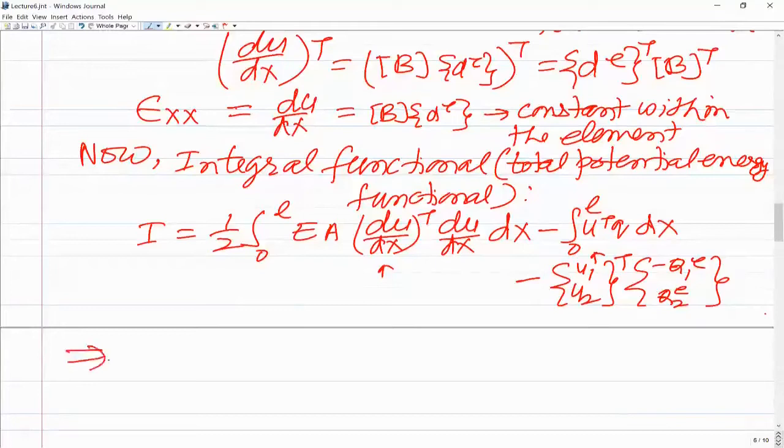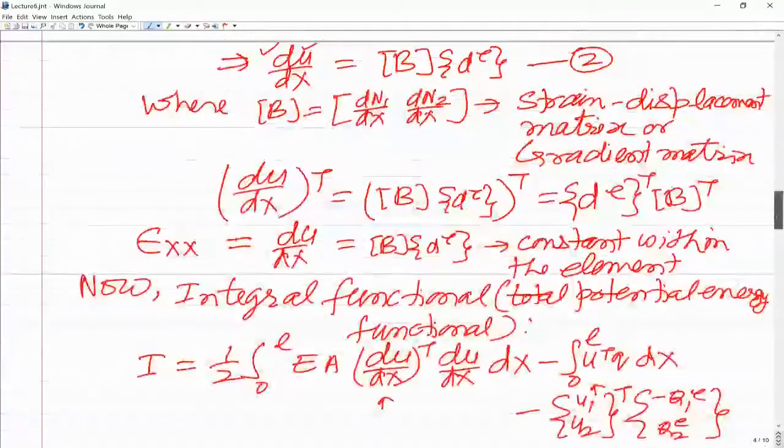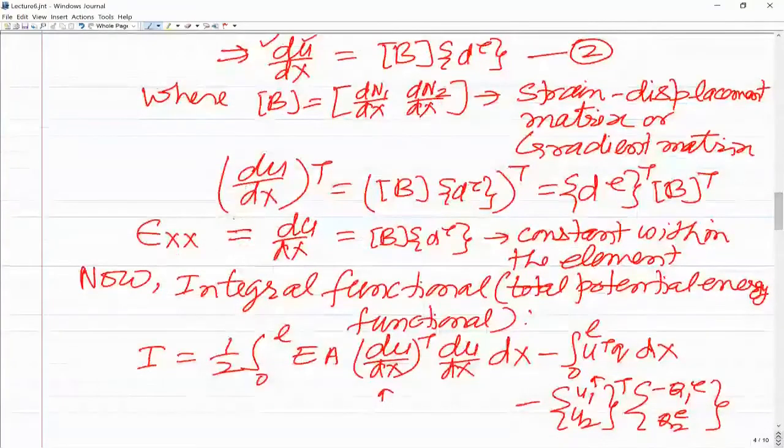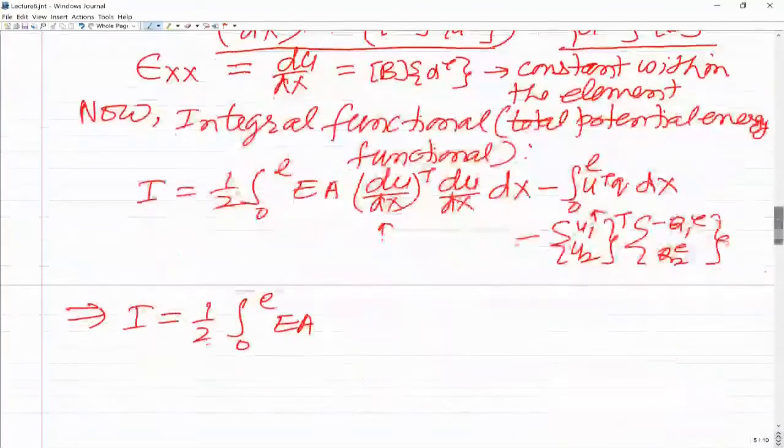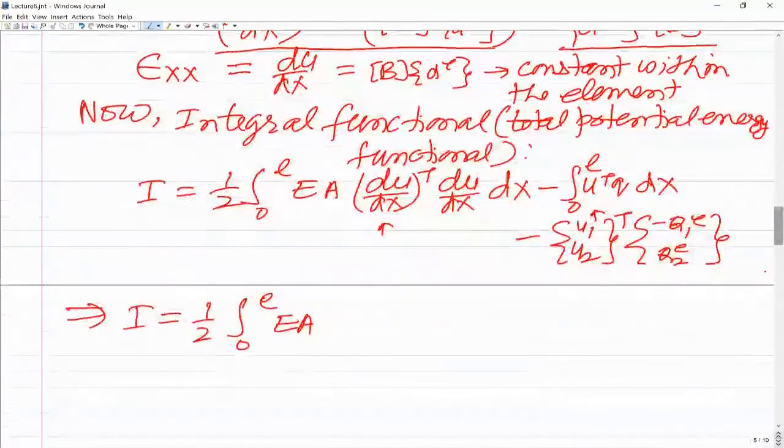Now we substitute the approximation for du by dx and u in this integral functional. So we will have half integration 0 to L, and then you have EA, and now you see du by dx transpose. I already explained that du by dx transpose is ultimately d transpose into b transpose. A little bit of matrix operations you should know.